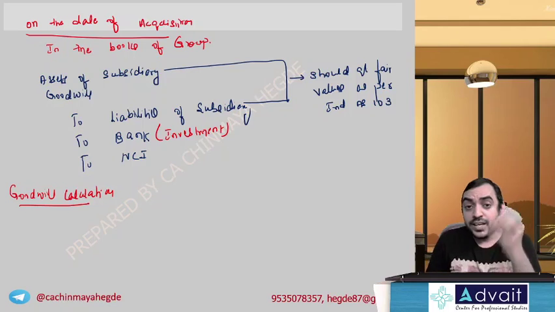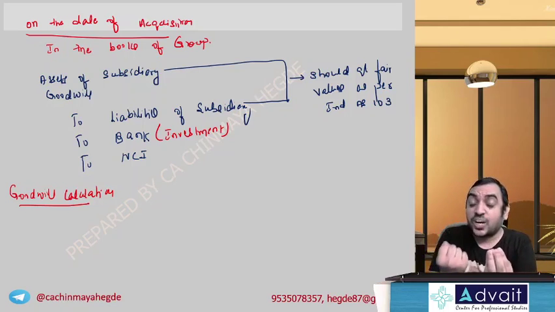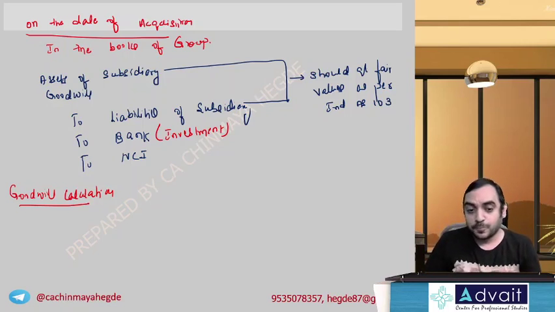So I'll compare the amount of investment I made and the amount of net assets acquired proportionately. So goodwill calculation will go like this. Amount of investments by the holding company, that is like purchase consideration.